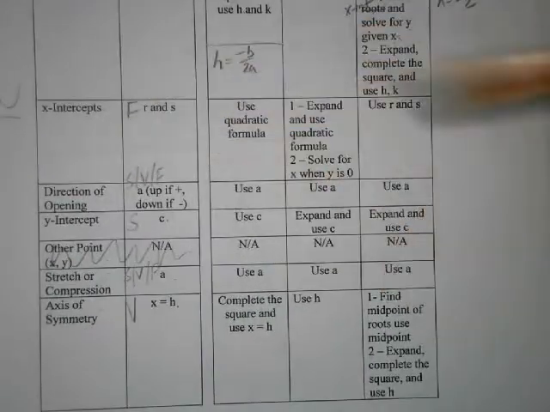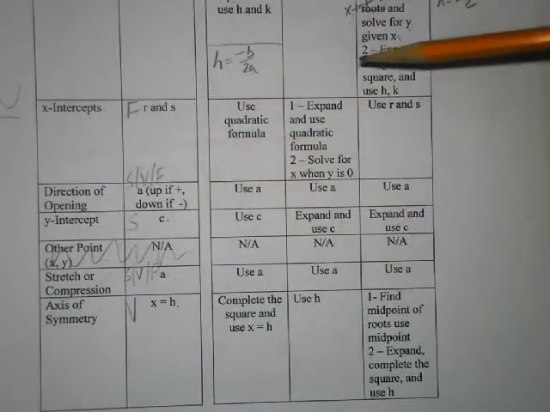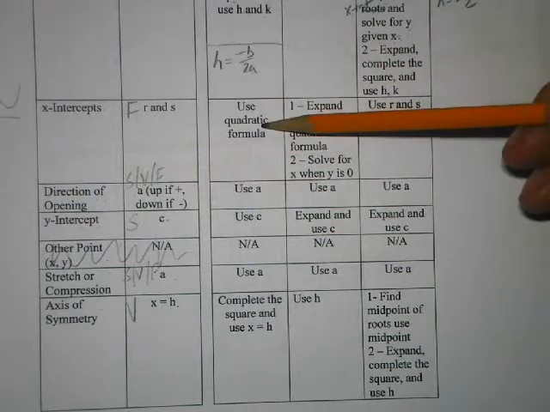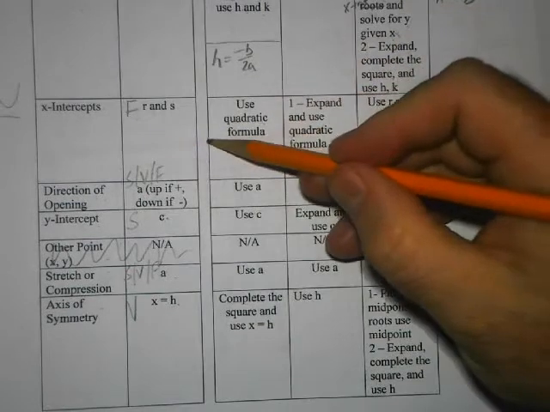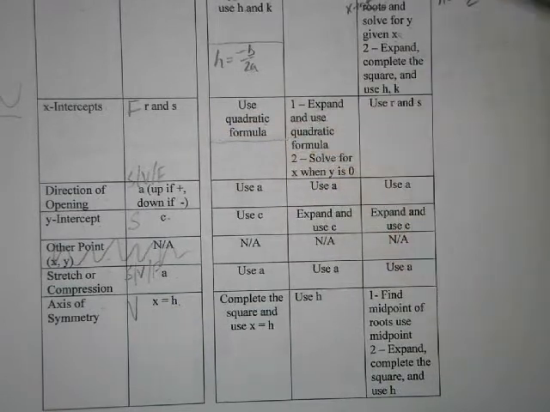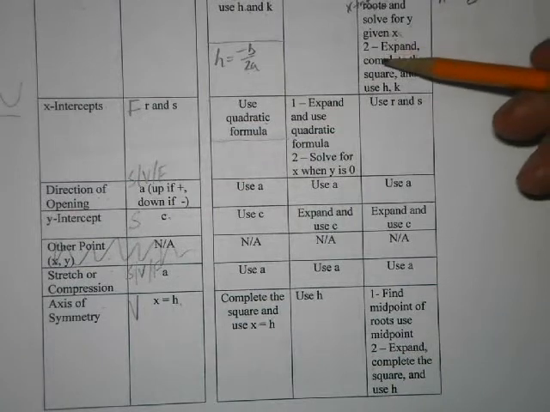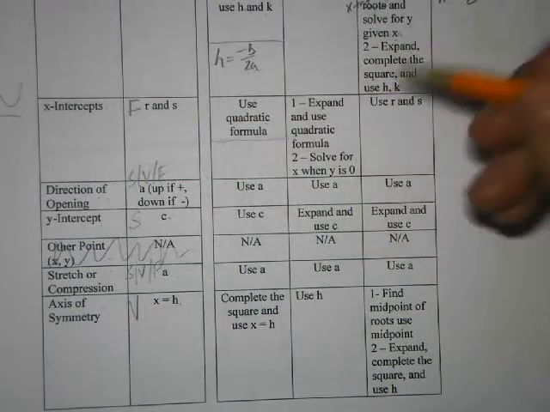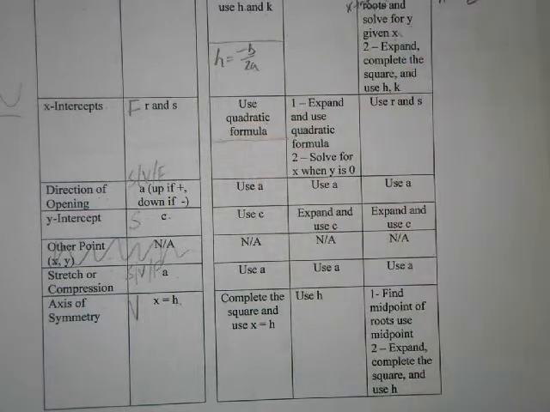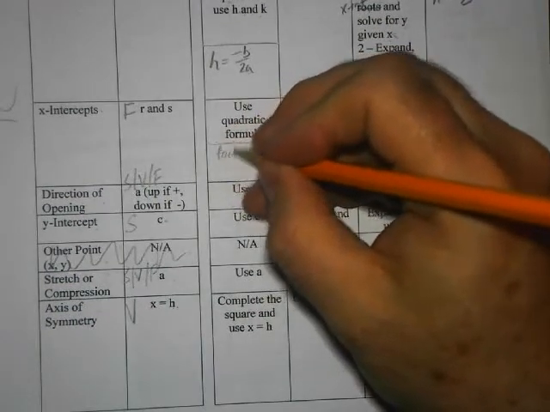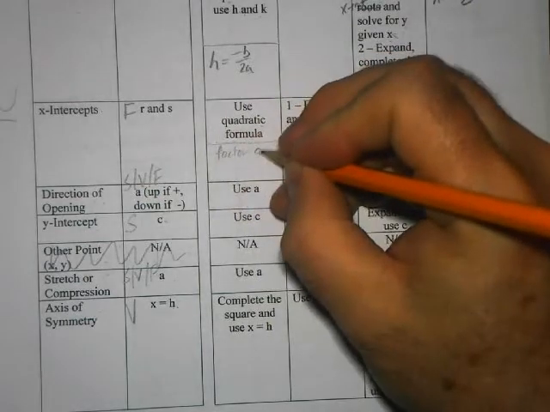All right, the next most important thing, how do you get the x-intercepts? Standard form. I would probably recommend using the quadratic formula. That gives you it directly. That's a lot of work. The other way you could do it is factor and solve.